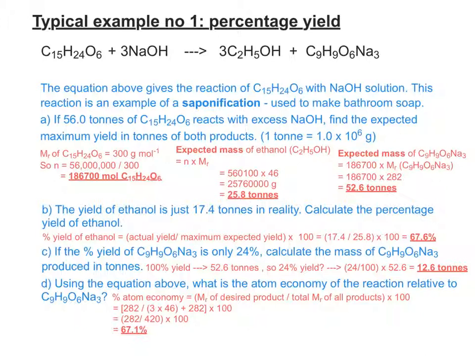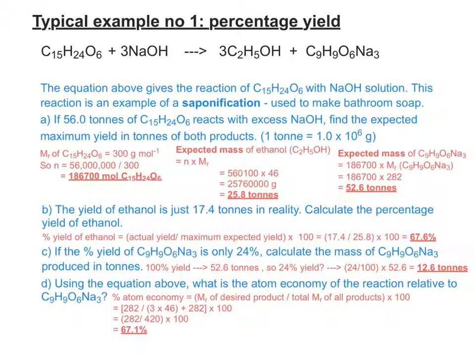So 3 times 46 is 3 lots of ethanol, and you have to include all the products as well, so I'm adding 282 again onto that. So it becomes 282 over 420, times that by 100, and that gives us 67.1%.